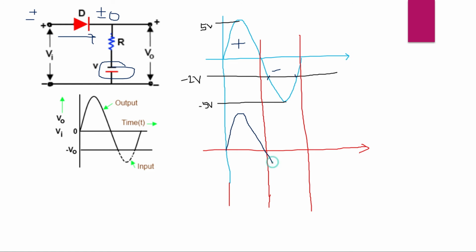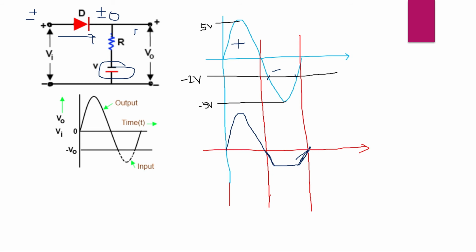So the 2 volts we will be getting as output, because it is connected across here itself. The voltage across the diode is zero, but we have this voltage, so that will be our output.